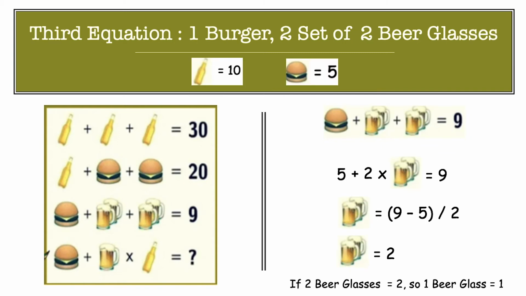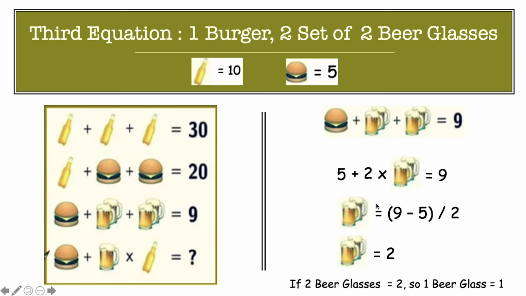Now jumping on to our third equation. In the third equation, we have 1 burger and 2 sets of 2 beer glasses, whose sum is equal to 9. Now we know the value of burger is equal to 5. Putting the value of burger in the equation and solving for the value of beer glass: 5 plus 2 into a pair of beer glasses is equal to 9.